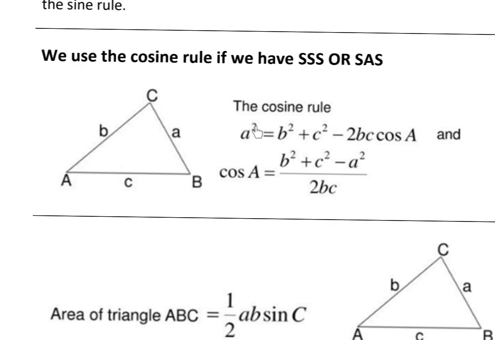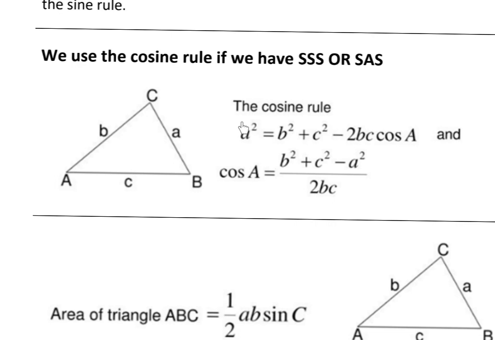Now, how to find this side a if you have b and c and the angle in between? If you have 2 sides and the angle in between, you can find the opposite side using this rule. This is called cosine rule.